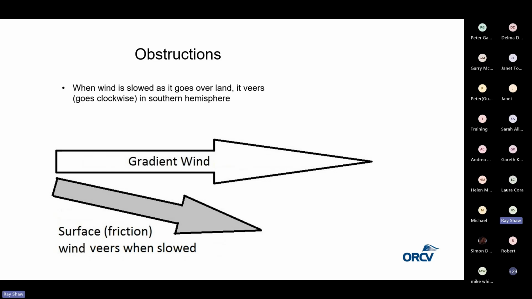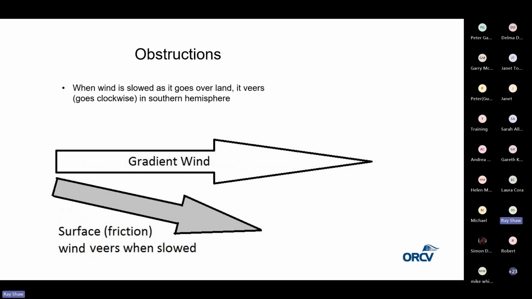Okay, last thing I'd like to talk a little bit about is the effect of obstructions on wind. As I said, because of Coriolis, if the wind is slowed down by some mechanism, and in this case we're going to talk about the effects of land, that will cause the direction to change, because as the wind slows down, the Coriolis force will be different, and it will cause the direction of the wind to change.